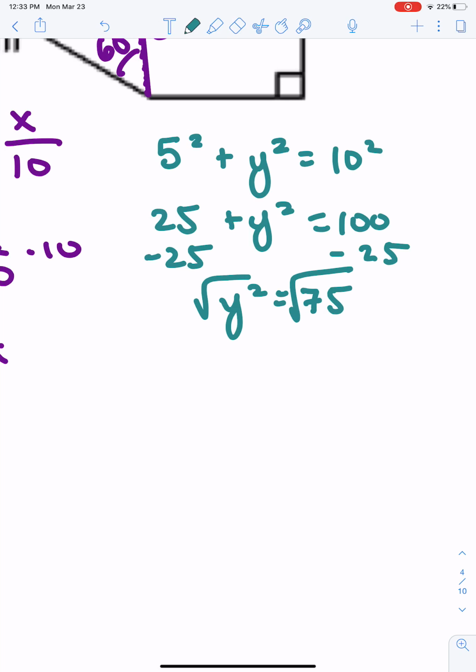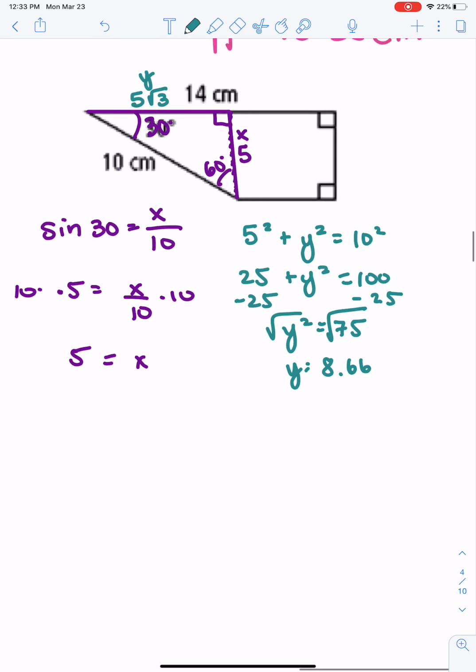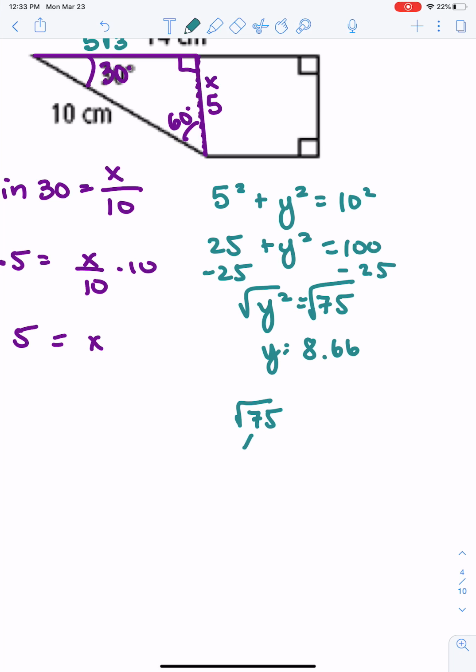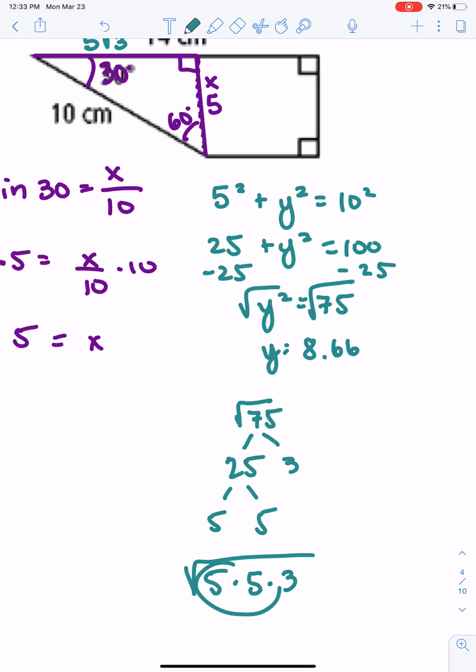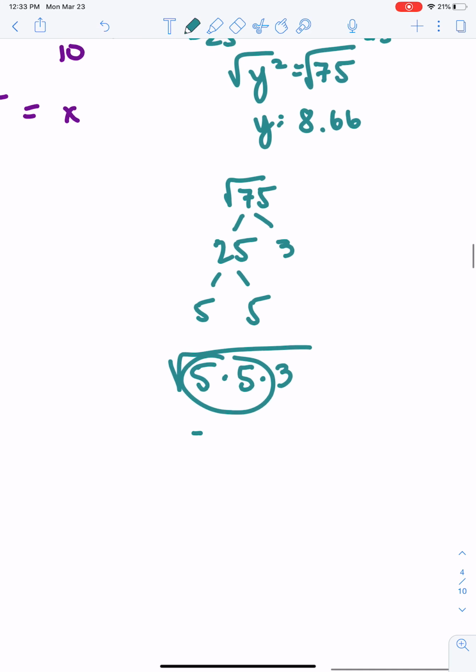Square root both sides, and the square root of 75 is 8.66, or if you like the ACT method, that would be 25 and 3, 5 and 5. Those are a pair that come out, and you'd still get the same thing.